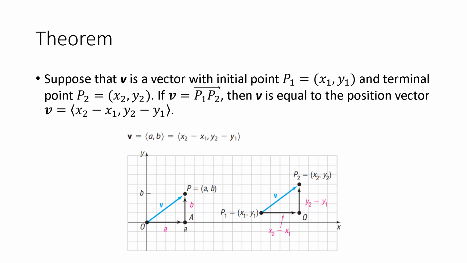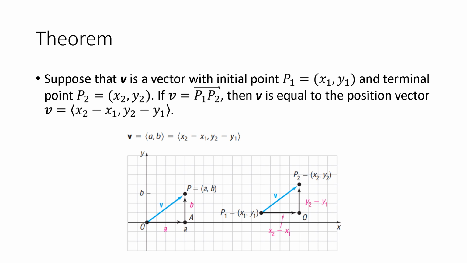Now, I can always move this blue vector V so that its initial point corresponds to the origin because vectors are not dependent on location. So a and b, when the vector has its initial point at the origin, those values are the same as x2 minus x1, that's the same as a, y2 minus y1, that's the same as b.